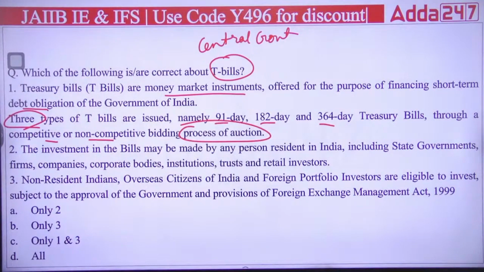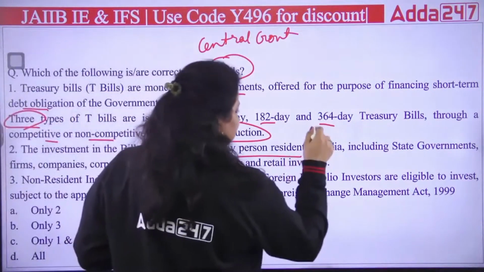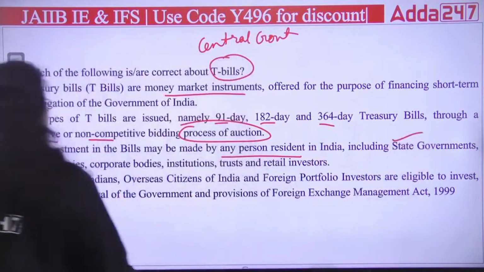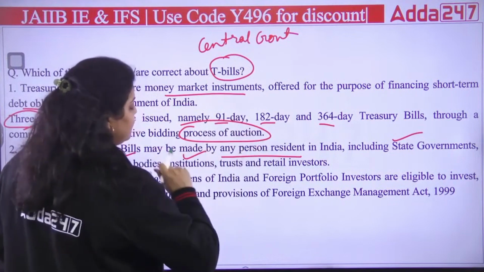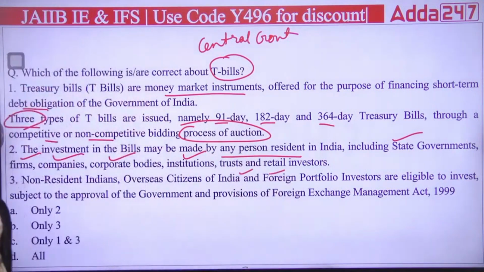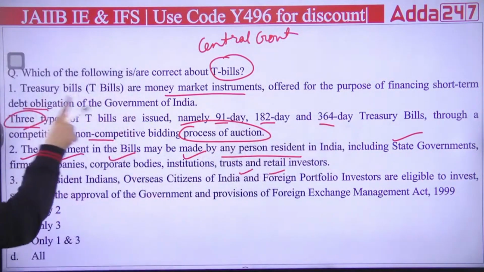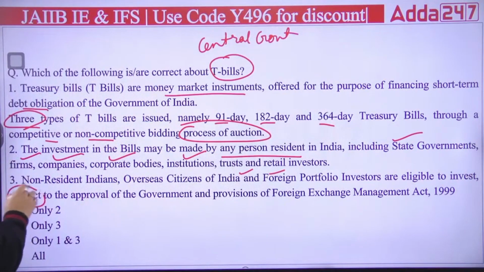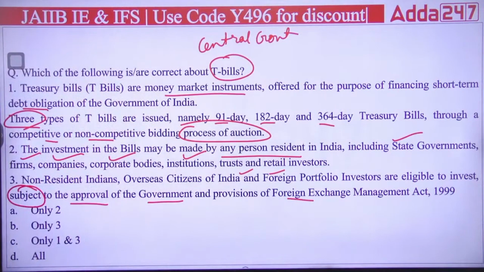Then another statement says the investment in the bills may be made by any person who is resident in India, including state government, firms, companies, corporate bodies, institutions, trusts and retail investors. All these can participate in or invest in the treasury bill. Third says NRIs, OCIs, FPIs are eligible to invest in the treasury bill, but they are subject to approval of the government and provisions of the FEMA Act 1999.